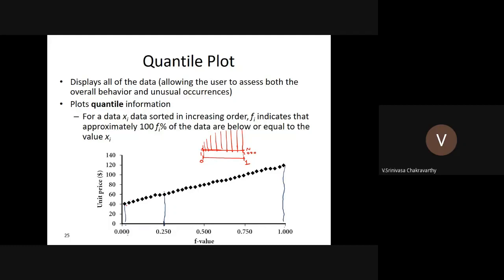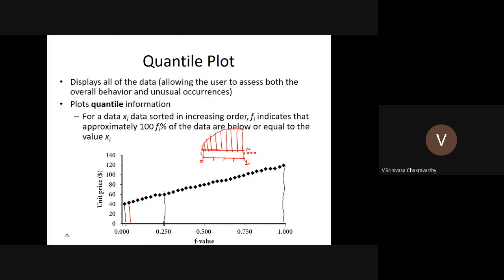The diamonds that you see here are the values of the data. This is some unit price, the cost of some product. Once you plot like this in ascending order, in this interval you take 0.25, 0.5, 0.75. Although I have drawn these vertical lines, you just connect the tops and draw it like a graph.